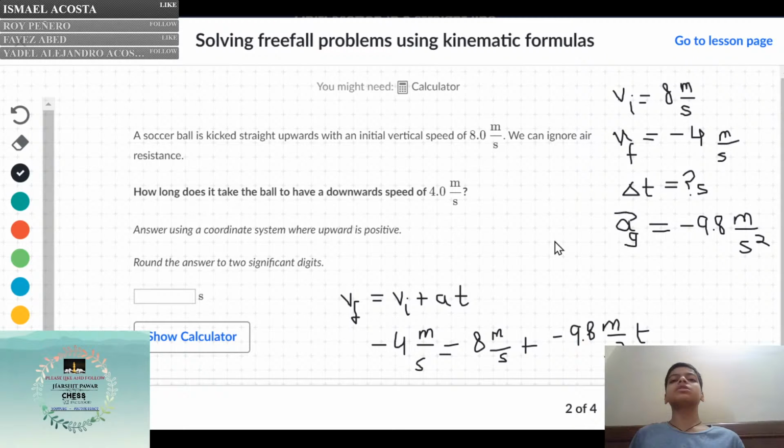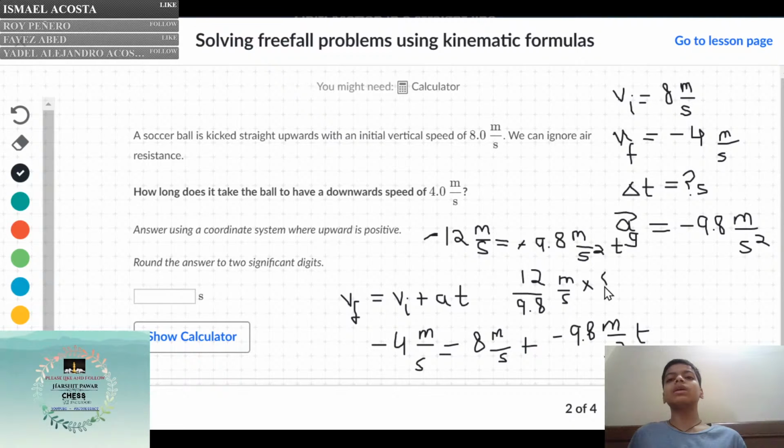This will be negative 12 meters per second equal to negative 9.8 meters per second squared times time. The negatives cancel out, and the units cancel, leaving seconds.